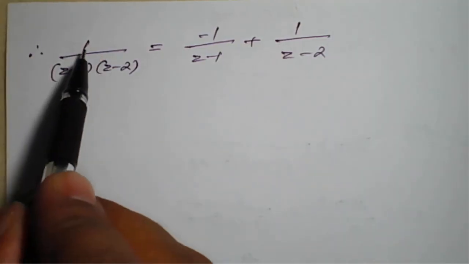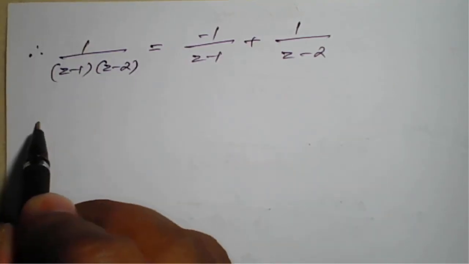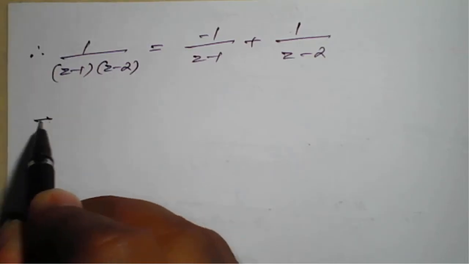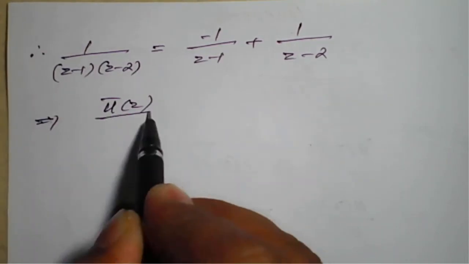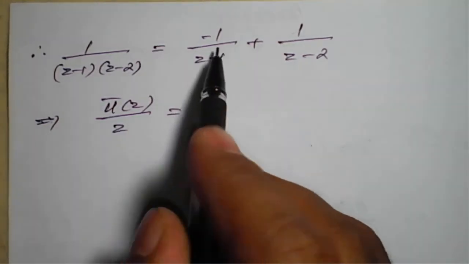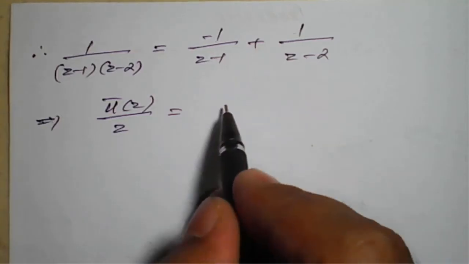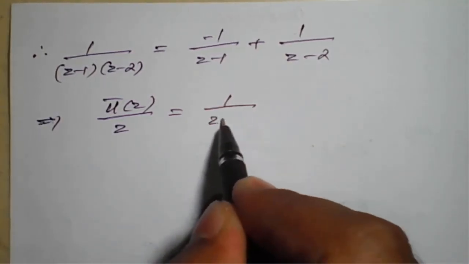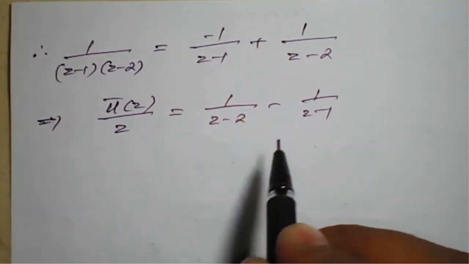So therefore, 1 upon (z minus 1)(z minus 2) is nothing but what here? As per the previous steps, it is u dash of z divided by z, equal to minus 1 upon z minus 1, and the positive one I will write first, that is 1 upon z minus 2 minus 1 upon z minus 1.